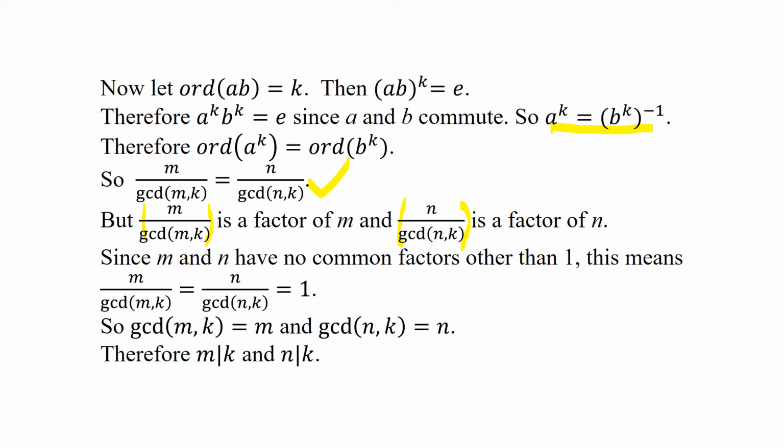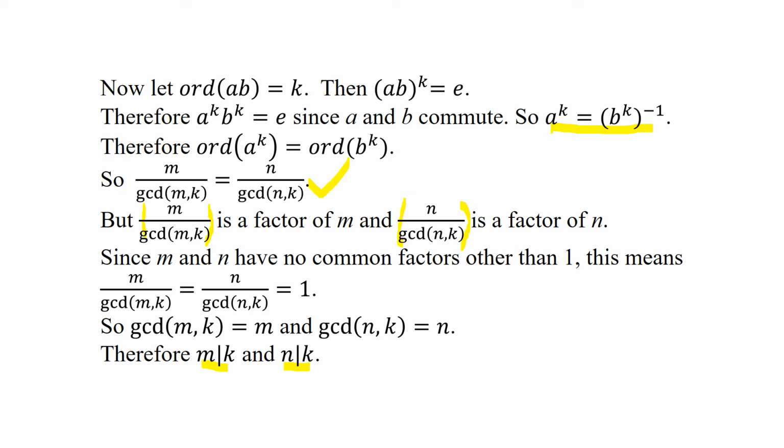In general, what I can conclude from that, if I have a common divisor, is that the least common multiple of m and n is a divisor of k.